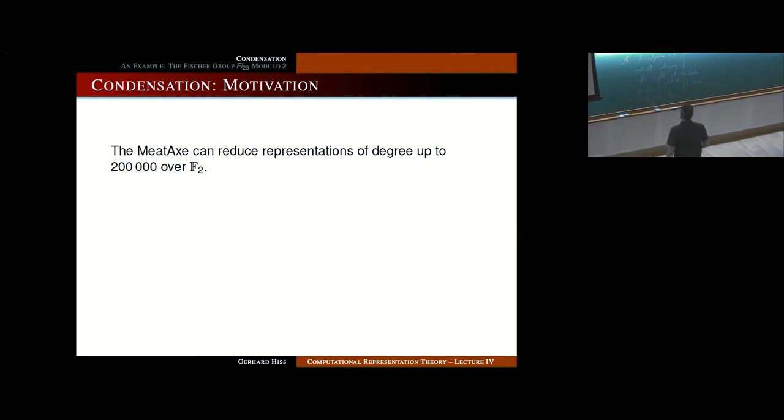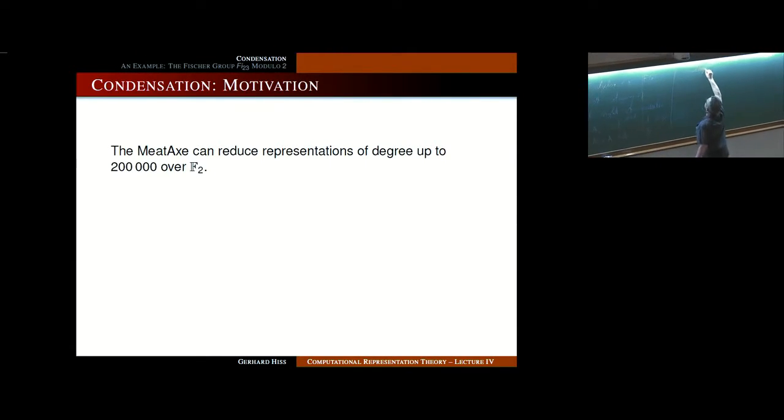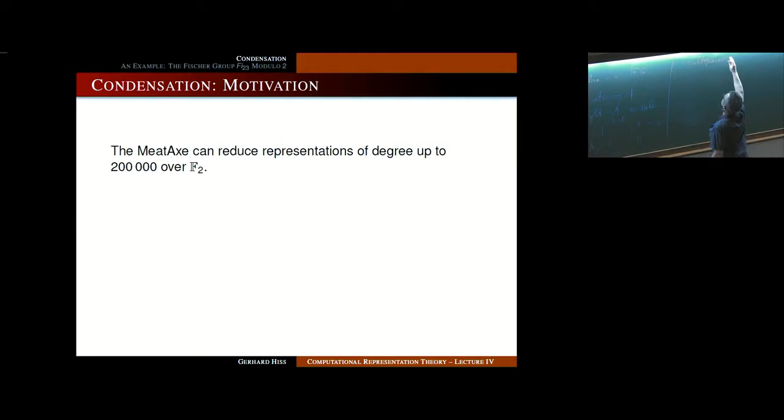It also has, if this is the matrix B, and if it has a small co-rank, then it has to find the null space of B. So it has to do Gaussian elimination on this matrix.